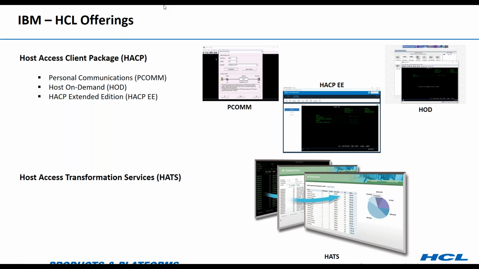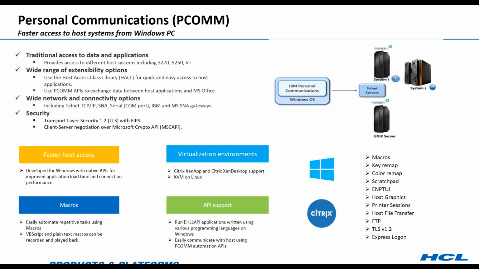Let's start with Personal Communications. Personal Communications is a very stable and old product from IBM, and it is meant to emulate terminals for mainframes and Unix systems on Windows. It is developed only for Windows, and it is written using native C and the Windows SDK.